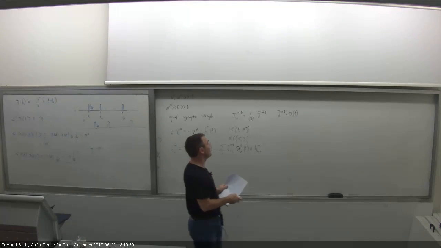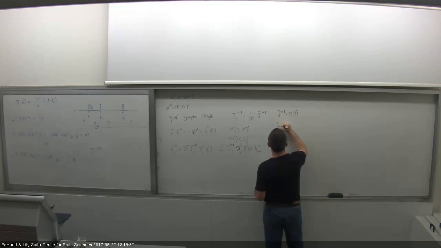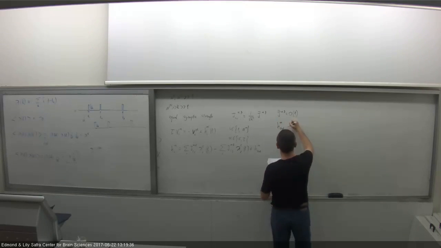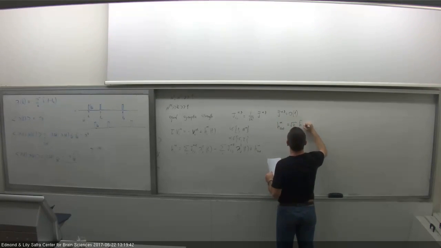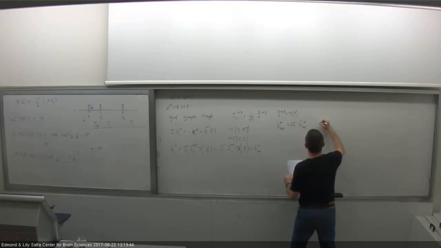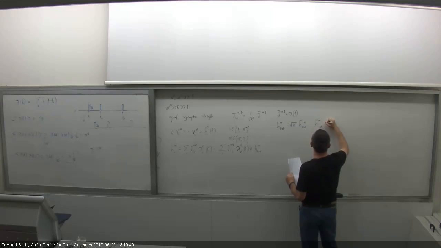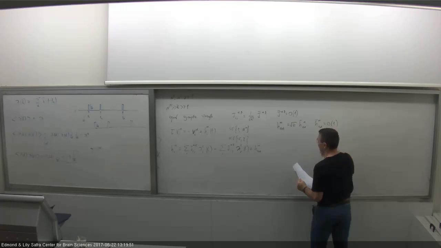Similarly, we assume that the external input is also strong, in the sense that it is equal to square root of K times h bar external alpha, where h bar external is of order 1.